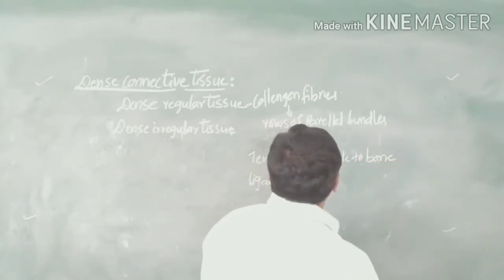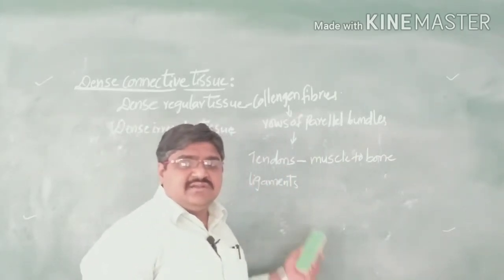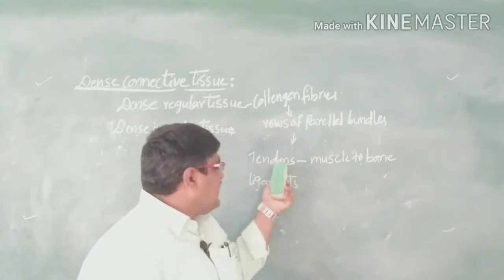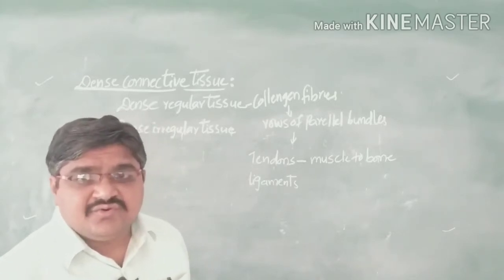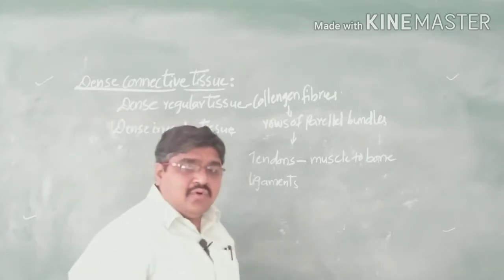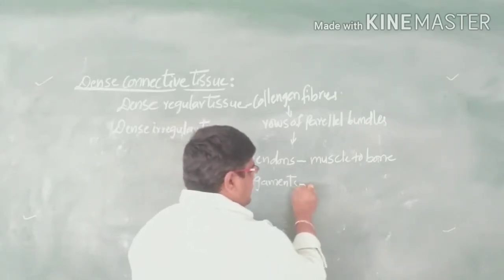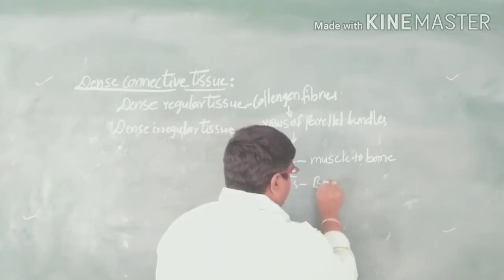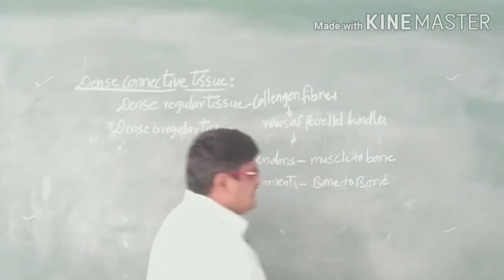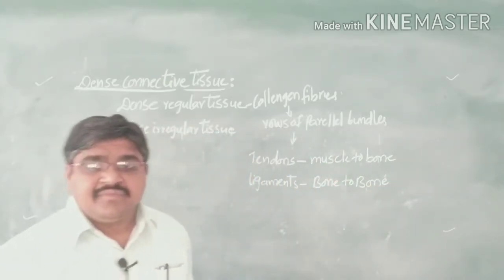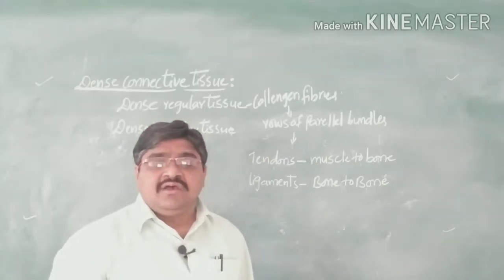If the connective tissue connects the muscle to the bone, it is called a tendon. And if the arrangement is from one bone to another bone, then we call it a ligament.